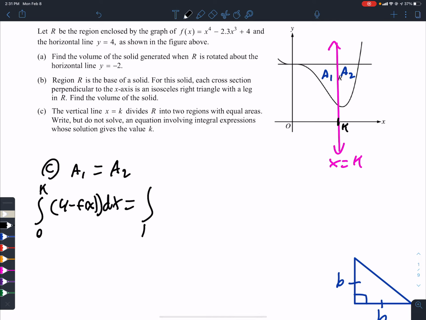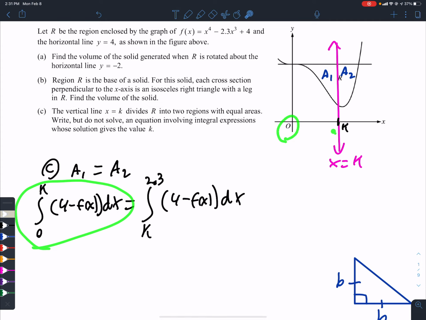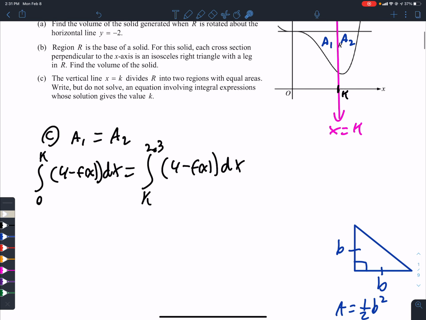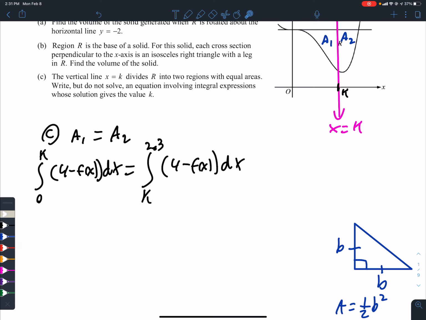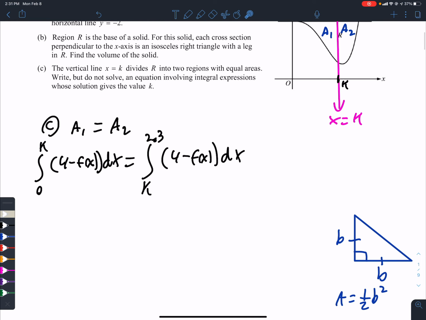So we're going to add up the rectangles from k to 2.3. And the height is still the same. And the width is the same. So we added up the rectangles from 0 to k, and then from k to 2.3, and we just set those equal to each other. And so that's what's going on. And that is my final answer for that.